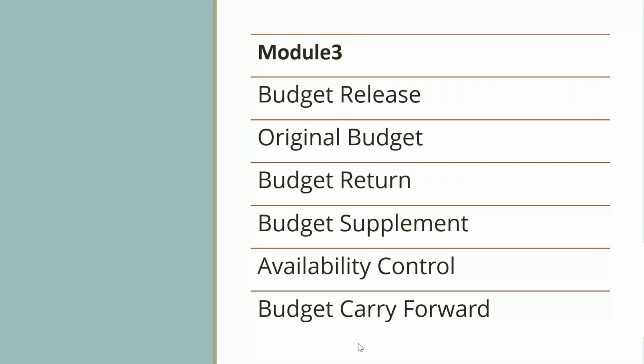And in SAP, we can have multiple budget versions also. Once the budget is allocated, that is the original budget. After the budget is released, the management has given the approval, and the original budget is maintained. Then based on the original budget, there is another step known as release.